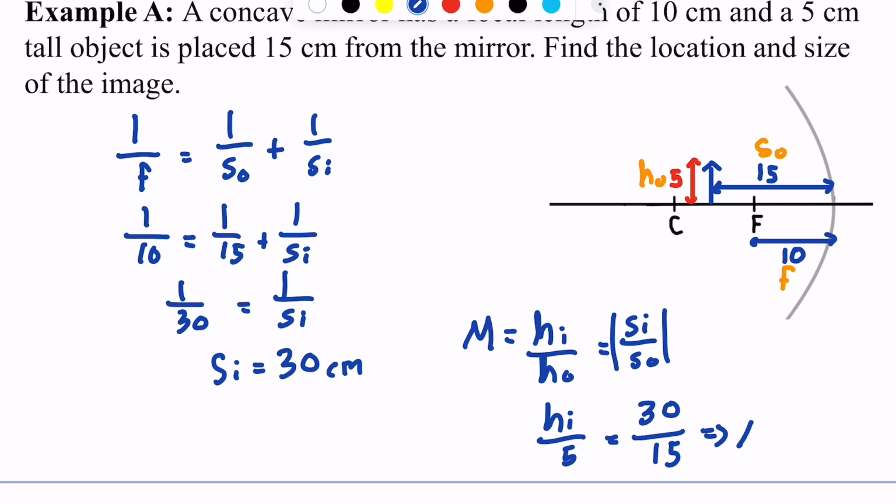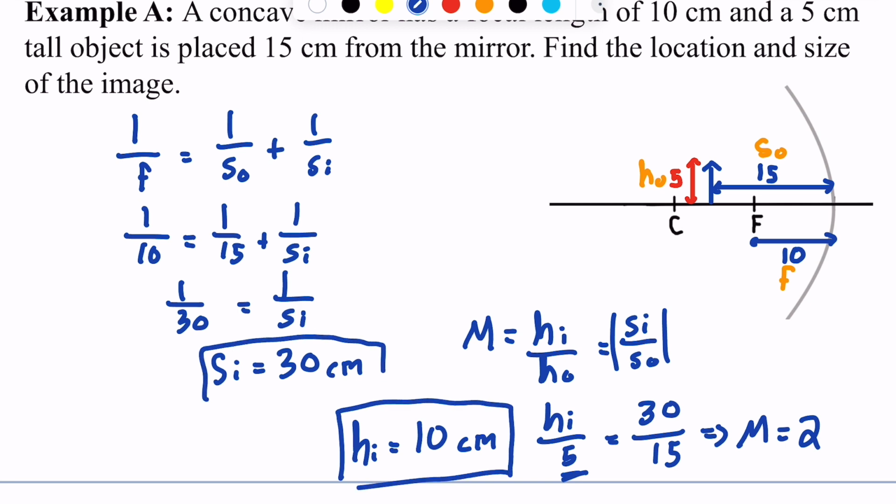So this means that the magnification in this case is 2, and then the height of the image is going to be twice the object's, which is 10 centimeters. So I have an image that is a little bit beyond the center over here, and it's going to be twice as big as the object. I know that the image is inverted because I got a positive image distance, which means the image is real, which means for a mirror it's on the same side of the mirror as the object.